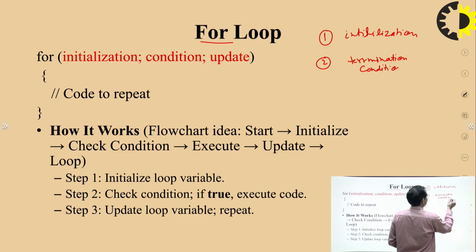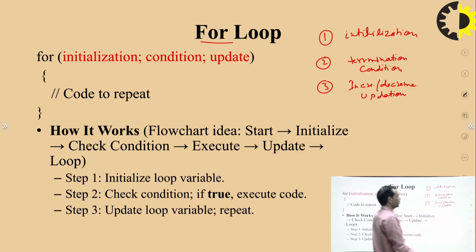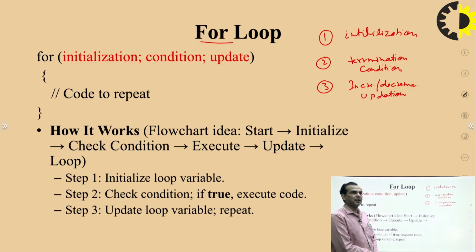Third, we apply the increment or decrement, or we can say the updation of values. So we require three things: first, initialize a variable; then declare the termination condition, meaning how many times we have to print; and then update the value, meaning increase or decrease.